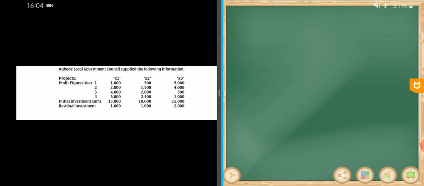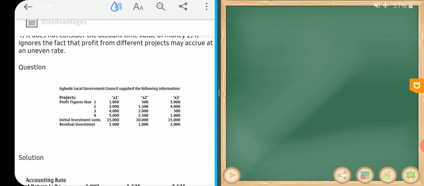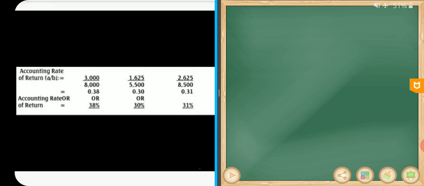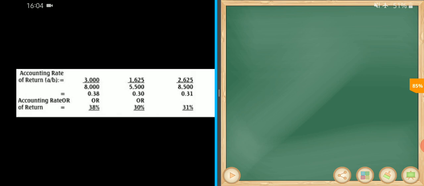The next thing for us to do is to calculate our ARR, and our ARR is average accounting profit over average investment, which is going to be 3,000 over 8,000. And if you look at our solution here, we can see that was what they did, 3,000 over 8,000, and that's how they got 0.38, which is 38%.